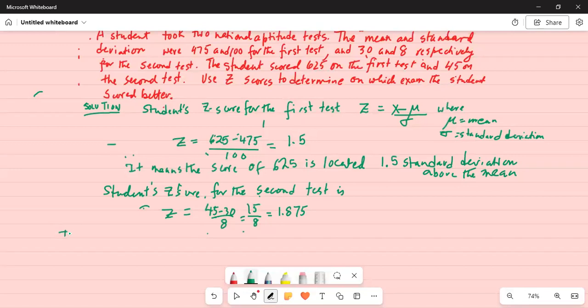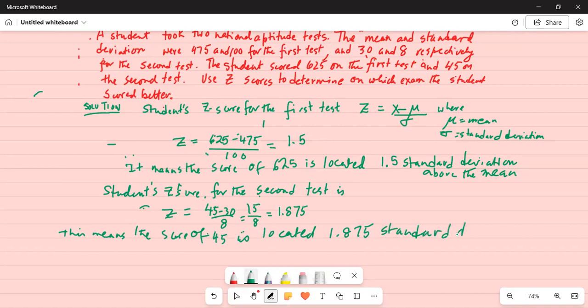This means the score of 45 is located 1.875 standard deviation above the mean.